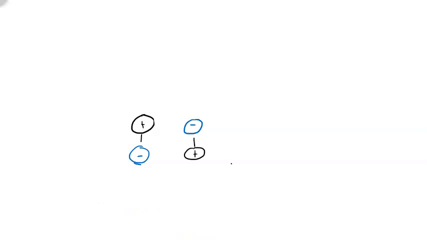And then because we've got a slight positive charge here on this side of the molecule and a slight negative charge here, we're going to have some electrostatic forces of attraction between the positive and the negative parts of the molecules. So these are permanent dipole-dipole forces of attraction.